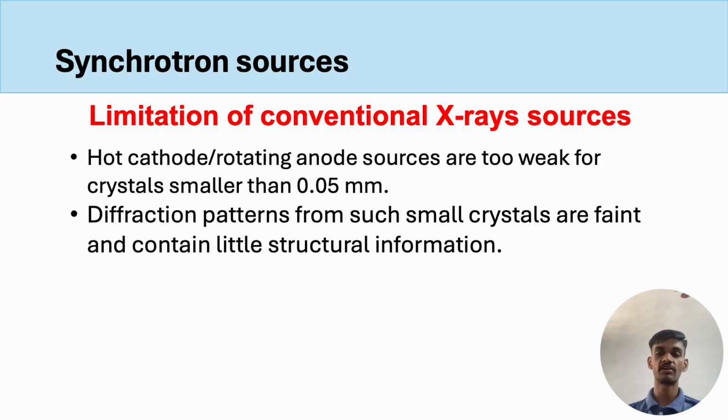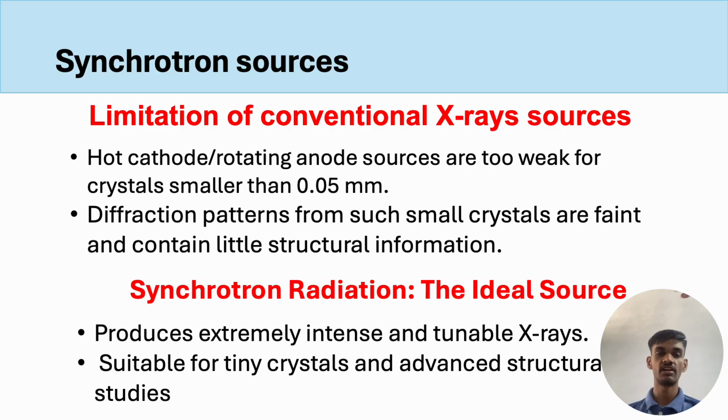Now we will discuss what synchrotron radiation is, the ideal source. Synchrotrons are basically evacuated pipes curved into a large ring that is 10 to 100 meters in diameter. Electrons are injected into the pipes and accelerated to very high speed.